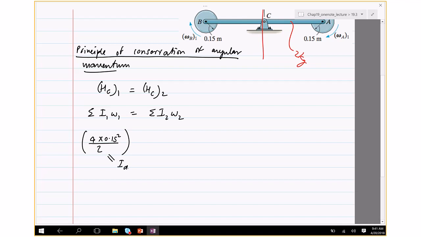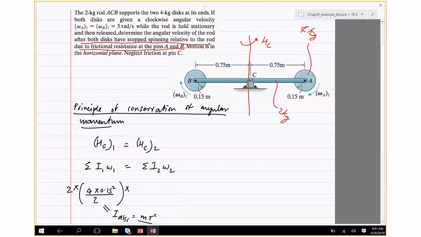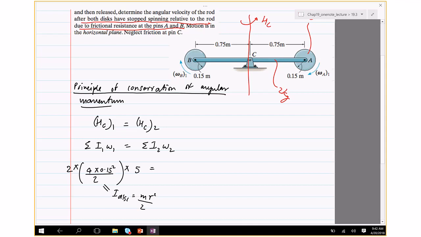I disk is that, but there are 2 disks, so it's twice, times the angular speed, which is 5, equals I2. So now we're going to find inertia when the whole system spins about C.